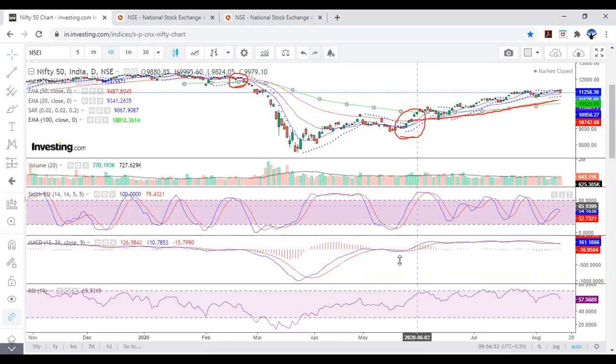Because your view is only positive for the long term period, but as soon as all moving averages go below the 100 moving average, then it shows take care, or take exit, or hedge the position using the futures, same as you can check on the February end.